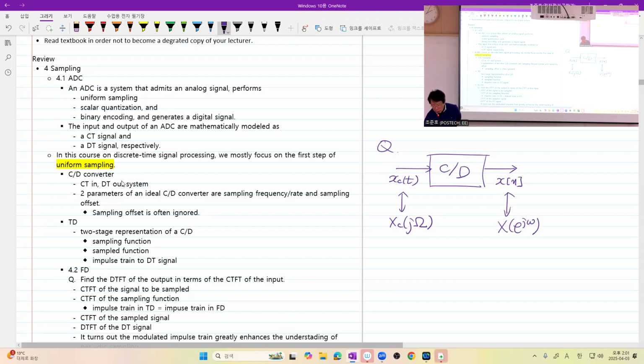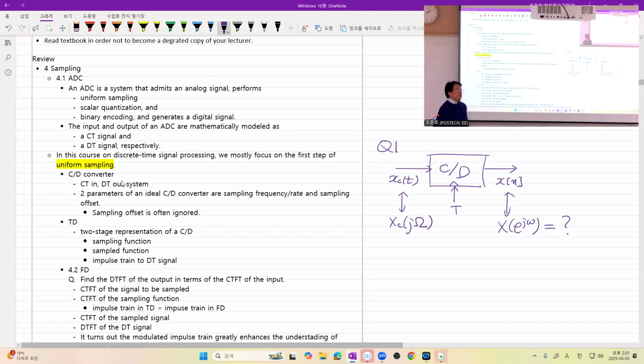Then find the output DTFT in terms of the input CTFT. And the sampling period, or equivalently sampling rate. So we want to answer this question.